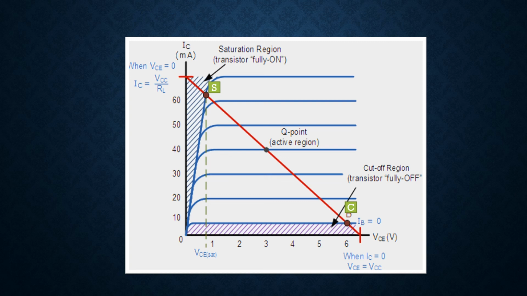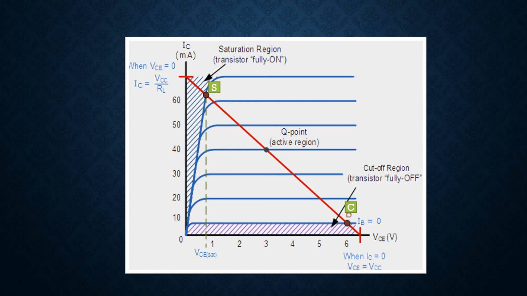Collector current is in milliampere while the voltage across the collector emitter is in simple volts. And here is the point where the saturation begins. This is called the saturating voltage applied across the collector emitter junction.